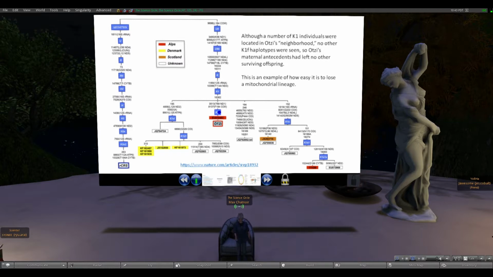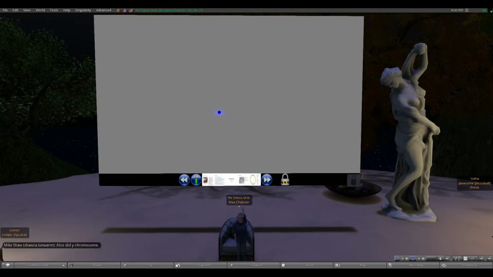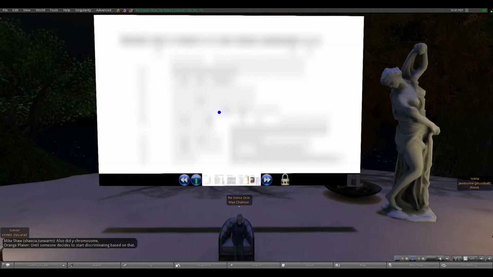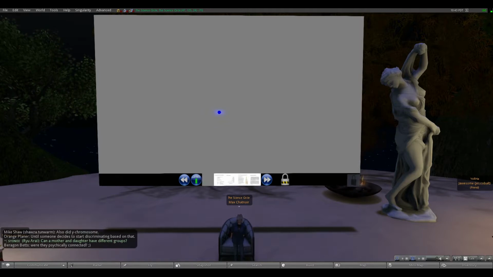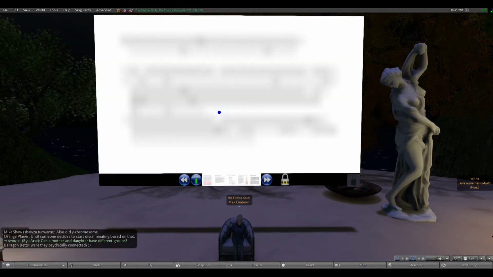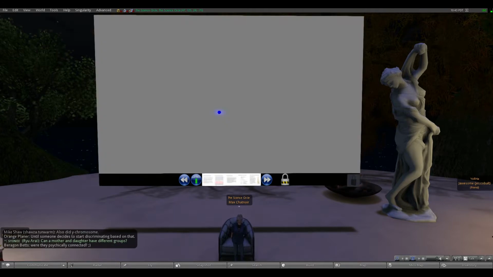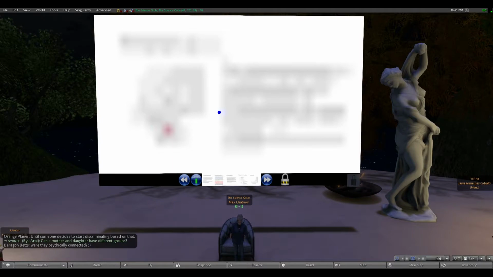Let me just run back. I skipped over this a minute ago, but let me just run back to this one. Back a little further than I thought. There it is.